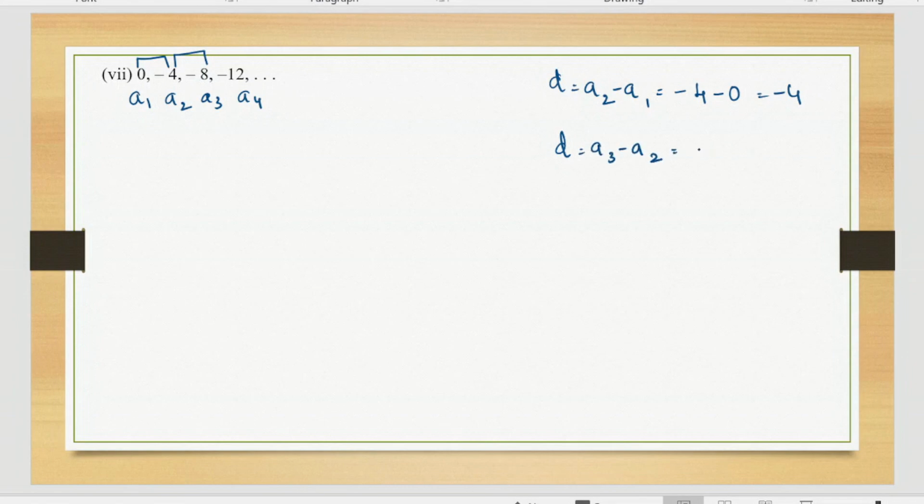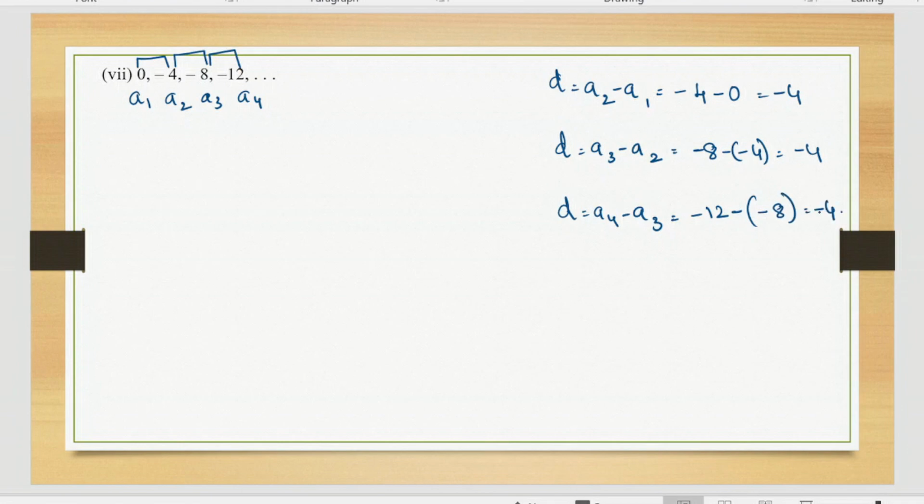So A3 is minus 8 and minus of minus 4 is plus 4, which is minus 8 plus 4 is minus 4. Then next we'll find the common difference between A3 and A4. That is A4 minus A3. Okay. A4 is minus 12 minus A3 which is minus 8. You will get it as minus 4.